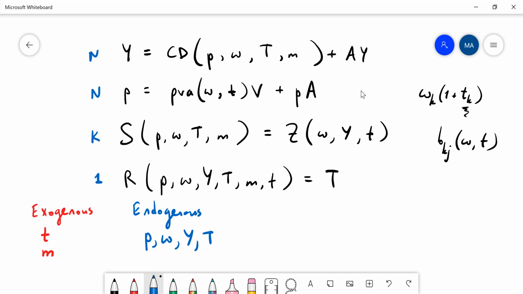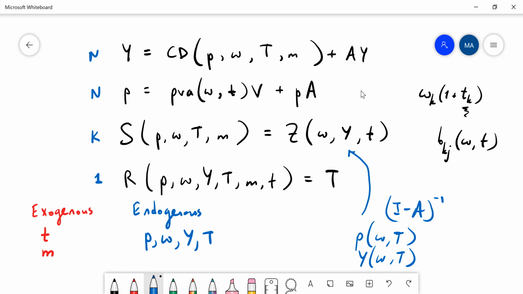Once again, you're going to do the math. You're going to define the Leontief inverse. You're going to express P and Y as functions of these things. And in general, more generally, they depend on T as well. Okay? Then you're going to put all these things into here, into here.